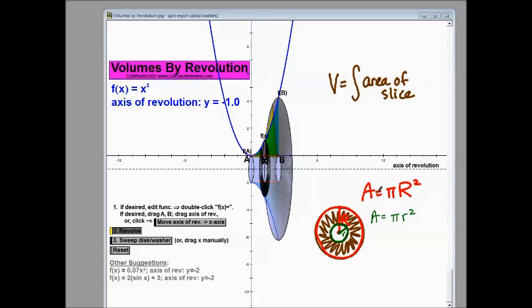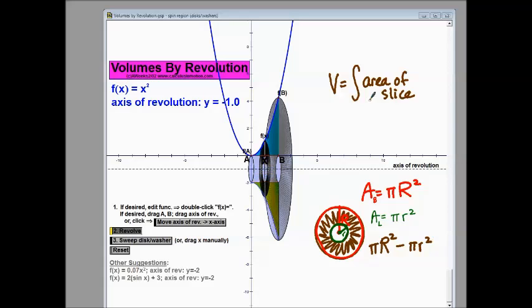I should probably define these differently. Area of the big circle and area of the little circle. Well, I want to take away the area of the little circle. So ultimately I'm saying pi big R squared, the area of the big circle, minus pi little r squared.